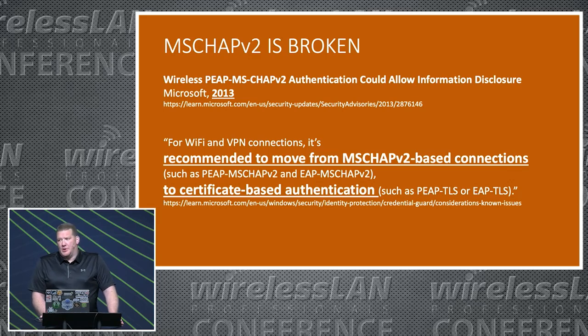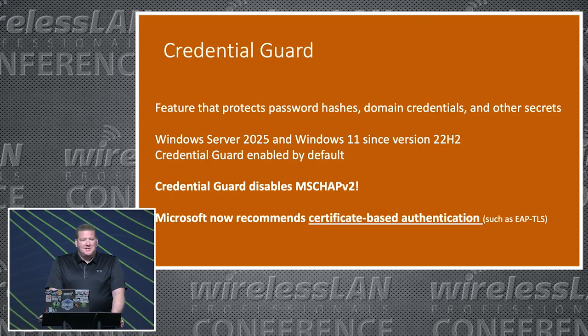MSCHAPv2 is broken. It took them a while, but even Microsoft has now come out and said that, yeah, MSCHAP's got some issues, we're no longer recommending it. Because of this and other problems within Windows, Microsoft has developed a feature called Credential Guard. This is now enabled by default in Windows 11 and Server 2025.